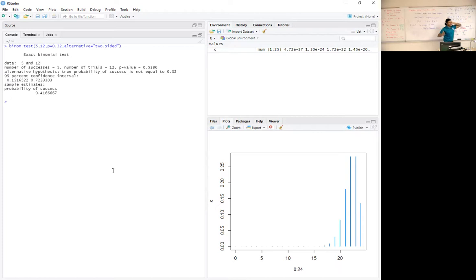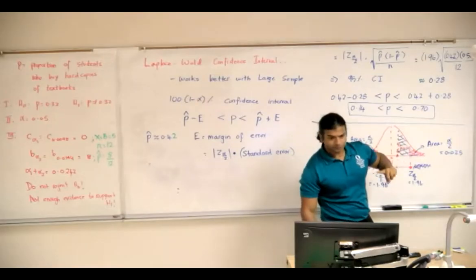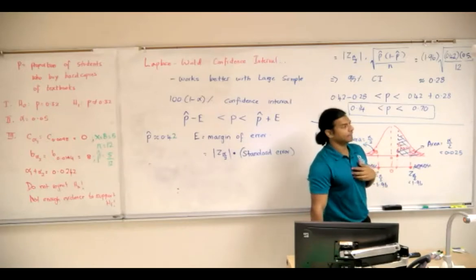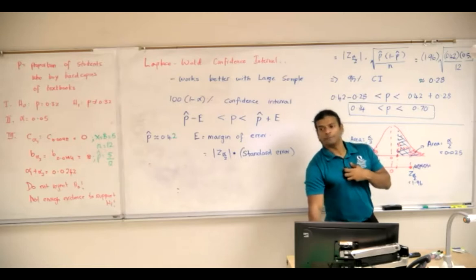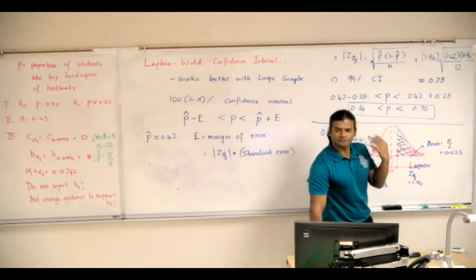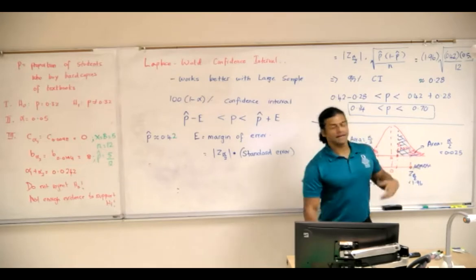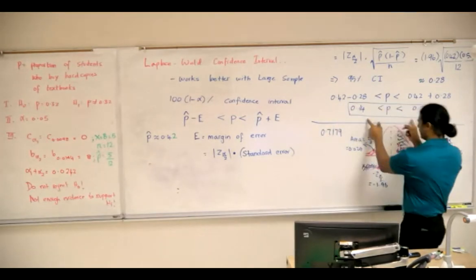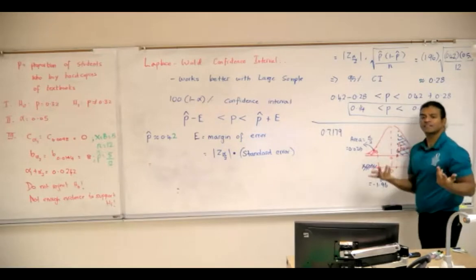I believe R uses Wilson, or it could be Clopper. I don't know. But I am going to do Wilson interval and Agresti-Coull. Two intervals, they are very straightforward. And you will see when I do those other intervals, the interval that I get will be slightly different.